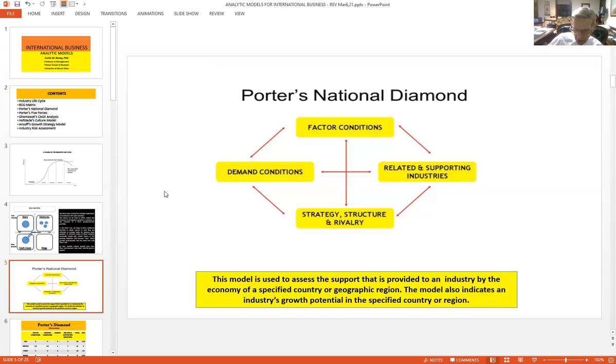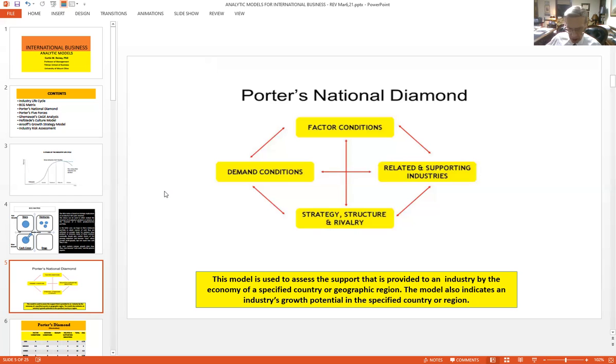And of course, they have a mutually reinforcing effect. Lots of chain reactions go on. A whole lot of learning formally and informally takes place. And all the members of the community of industries in a cluster learn from each other. And the result is that that country or that region grows economically, and those industries grow.